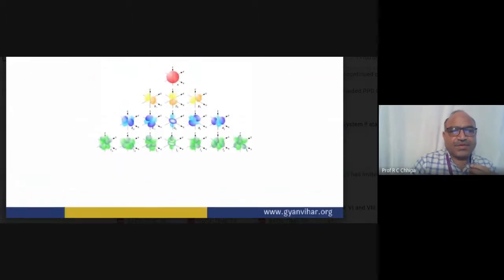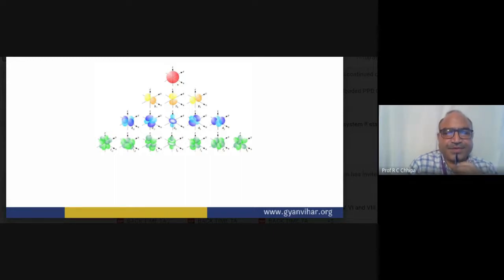Here you can see the spherical shape of the orbital in the red color. Then we have the yellow and orange ones.